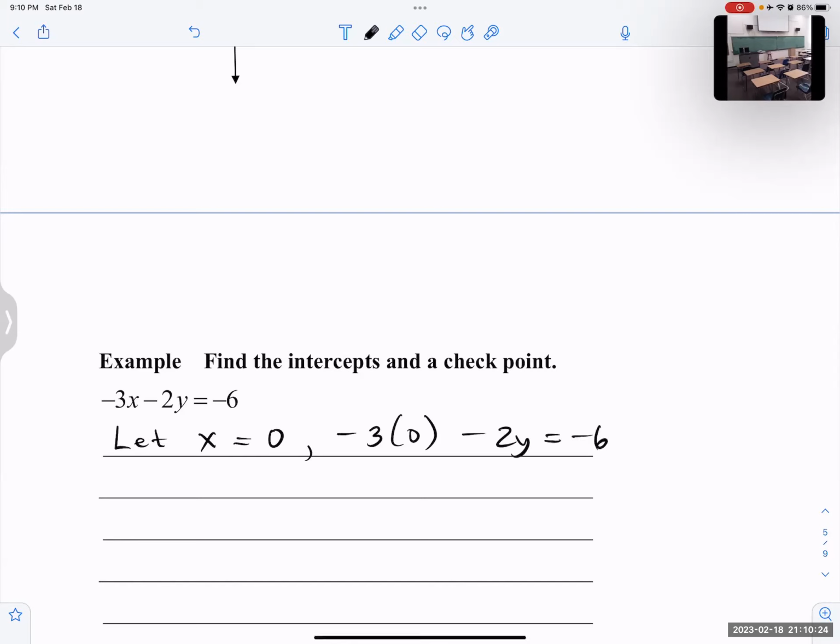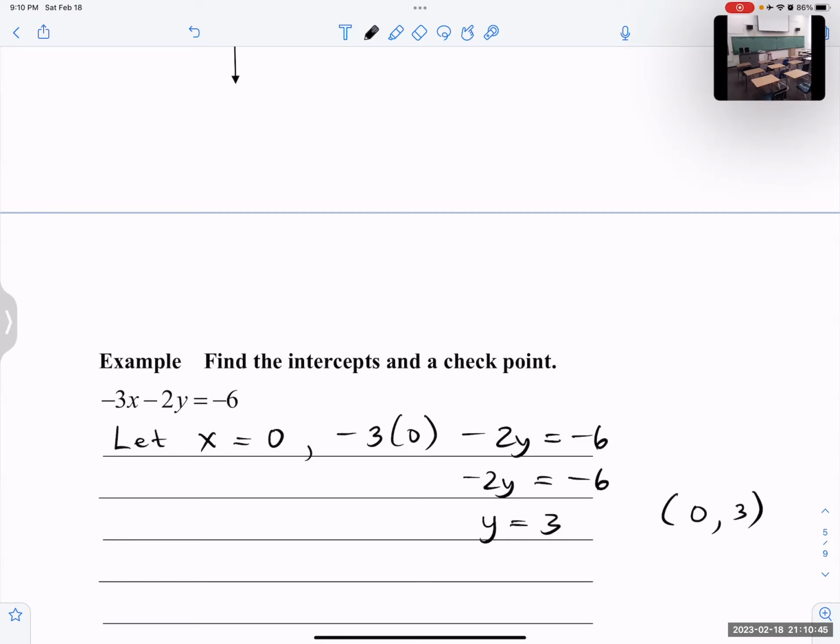And now we have -2y is equal to -6. So y equals +3. And 0 is x, y is 3. So those are the coordinates of the y-intercept.